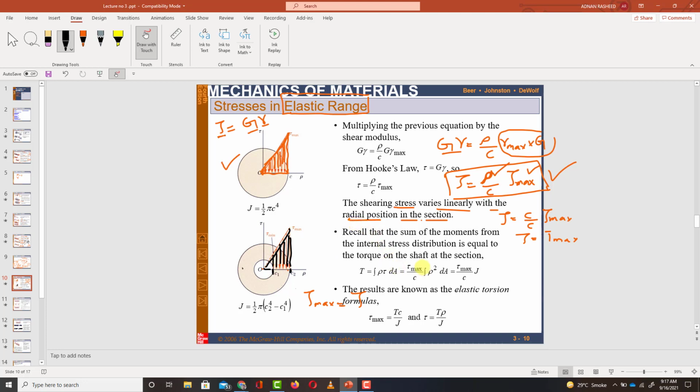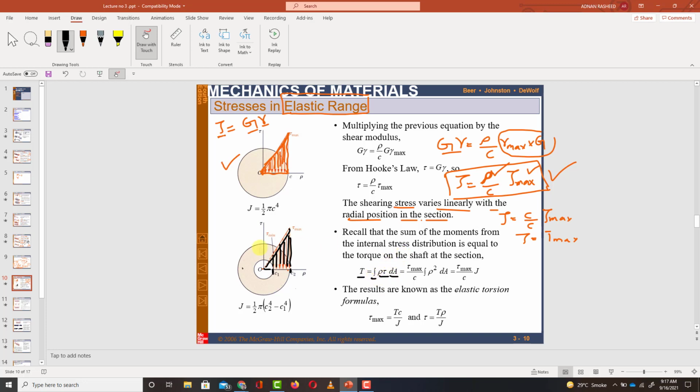Yes, sir. Okay, so now we are recalling from our previous equation that was about net torque on the surface of shaft. That was this equation. This torque is equal to the integral of rho into tau into dA.